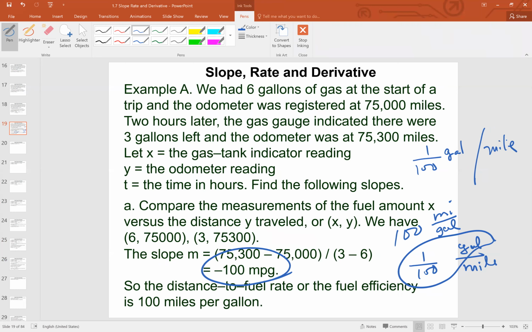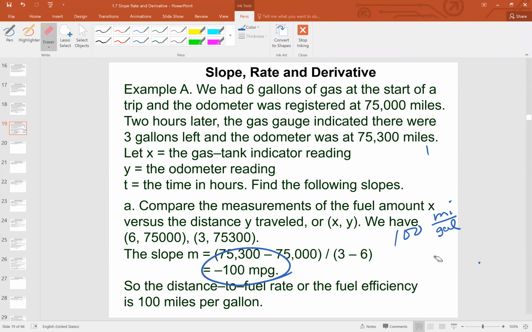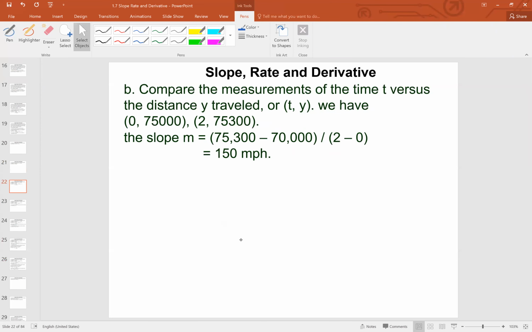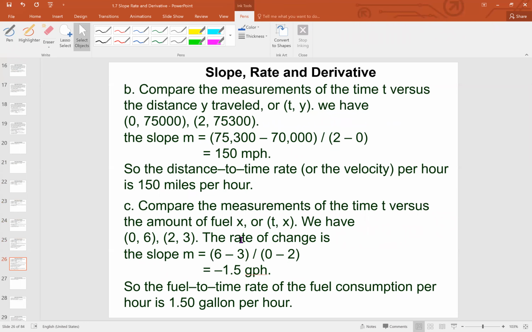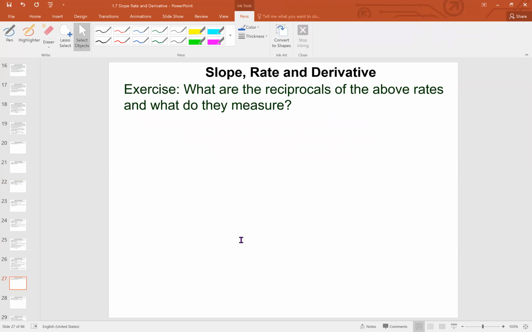So the reciprocals of all these ratios, or quote unquote rates, have their respective meanings. It's a good exercise to go through the meaning of each ratio we just went through in parts A, B, and C. Think about it: reciprocate all the rates, and what do they tell you?